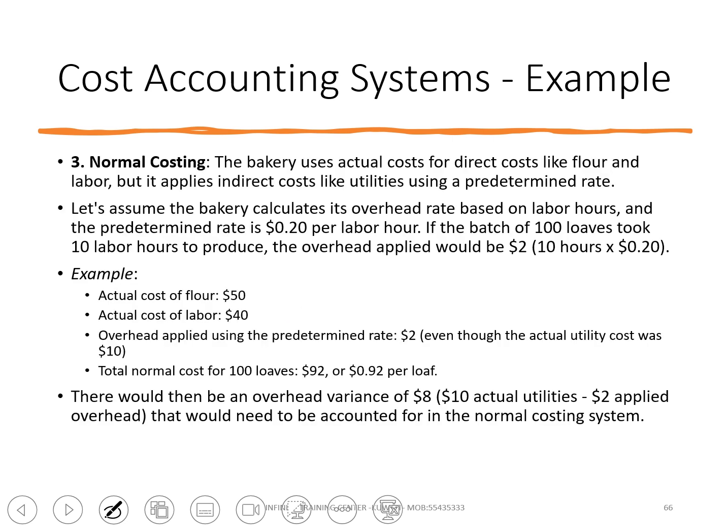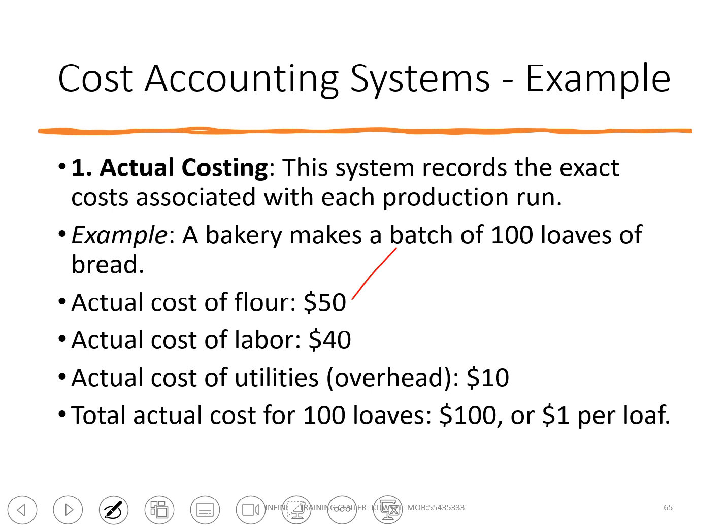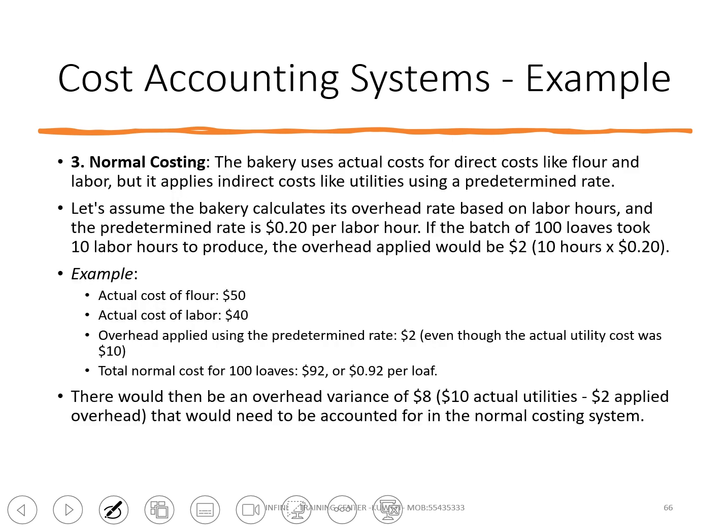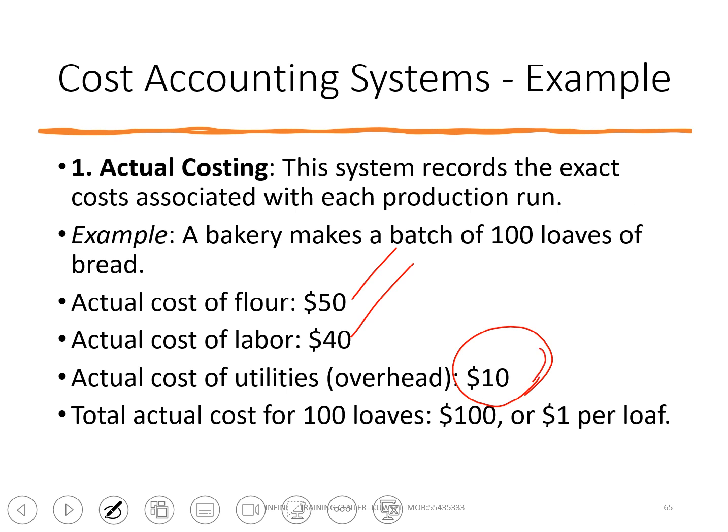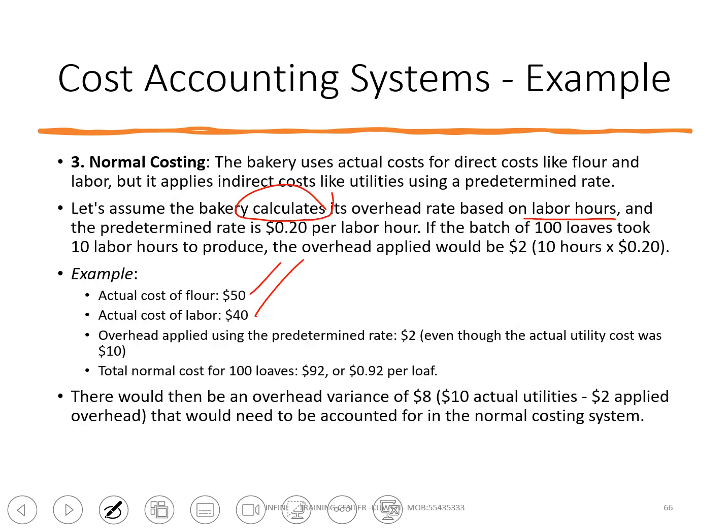But imagine we use normal costing. In normal costing we will consider the actual, but overhead is going to be applied. Here the actual cost of flour is 50, that is fine. Actual cost of labor is 40, that is fine. But here we have an allocation. Let's assume the bakery calculates the overhead rate based on labor hours. Our overhead is $10, and we are going to allocate it based on labor hours.